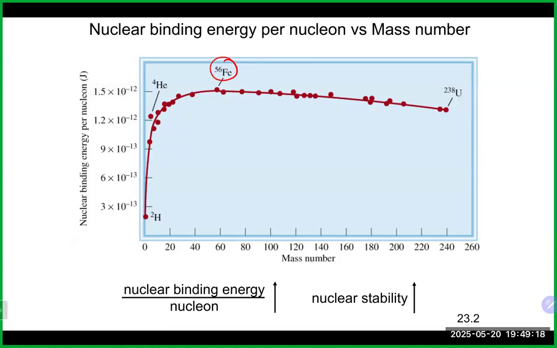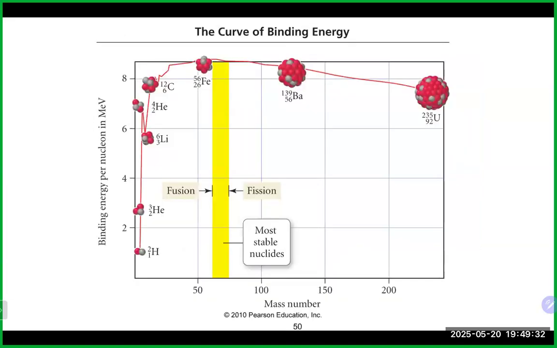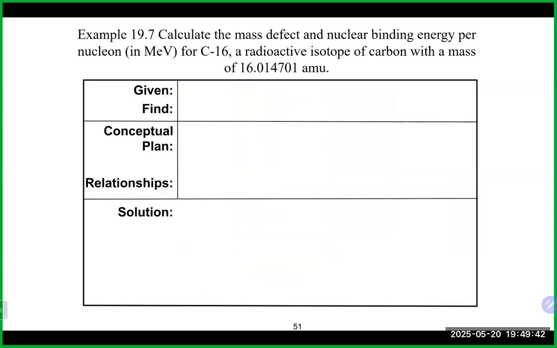So this is another measure of stability, like we talked about the N to Z ratio and the even, odd. Binding energy per nucleon, the higher the binding energy per nucleon, the more stable that nucleus is going to be. Here's another picture, and as you can see, either fusion or fission happens, and that brings us to our most stable sort of nuclides in that region in terms of their binding energy.